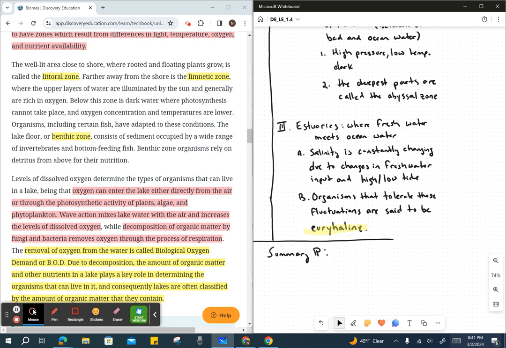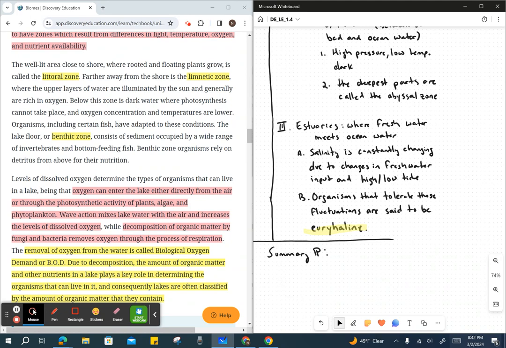heavy winter rains, you get a lot of flow down that river. These estuaries become low salinity. They develop a lot of fresh water. If you have high tide, then a lot of ocean water is pushing up into these estuaries, and so the salt water intrudes and the water becomes saltier, right?